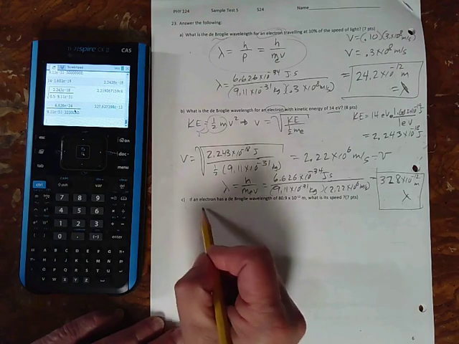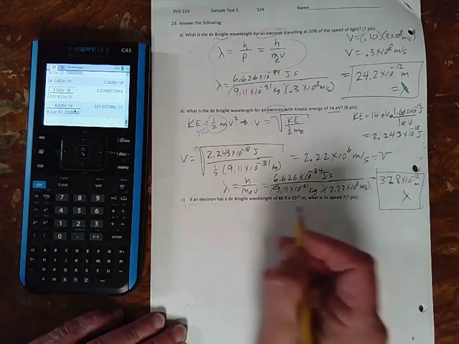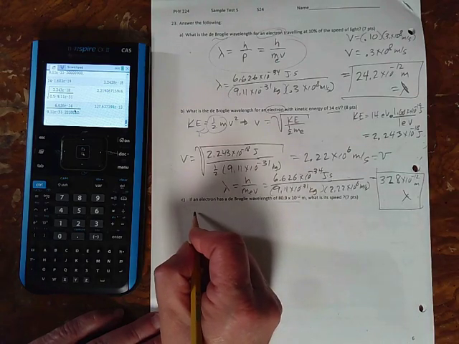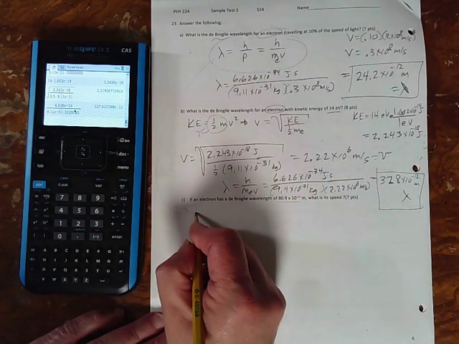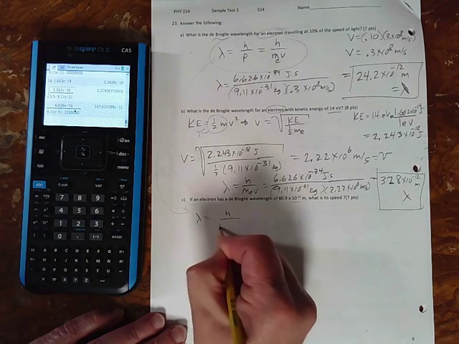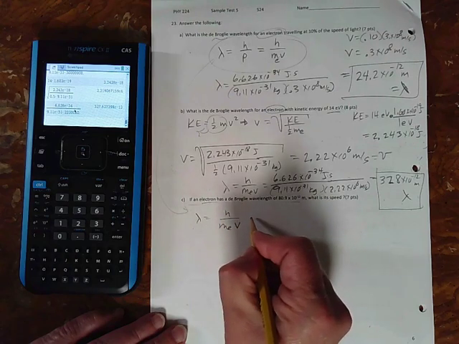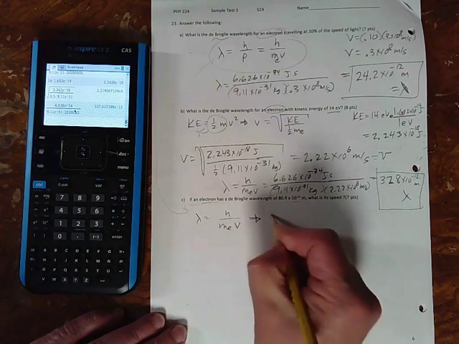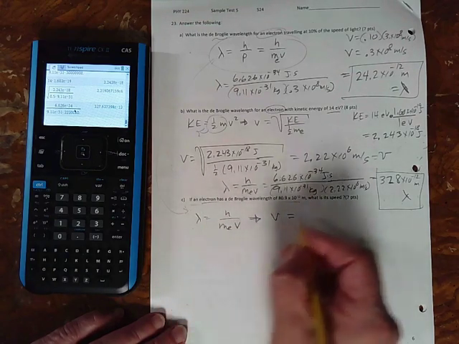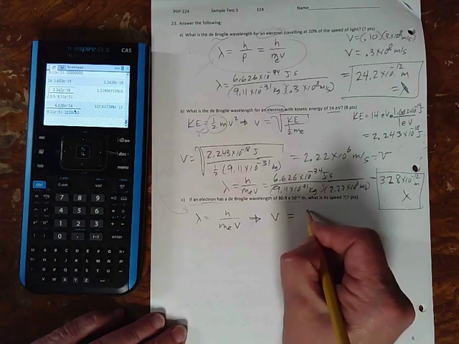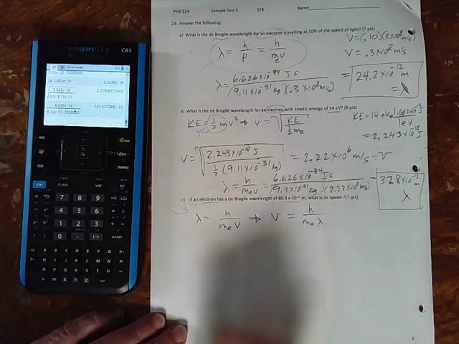Okay, so if an electron has a de Broglie wavelength of this, what is its speed? We're going to be going kind of backwards. Use this equation again. So we've got lambda equals h over m_e v, and we're looking for speed. So rearrange this: multiply through both sides by v and divide both sides by lambda. We end up with h over m_e lambda equals v.